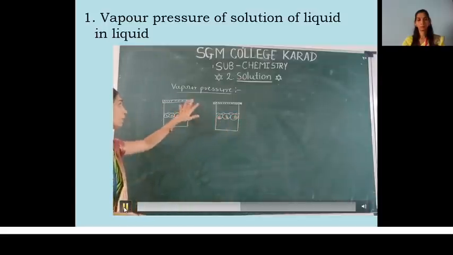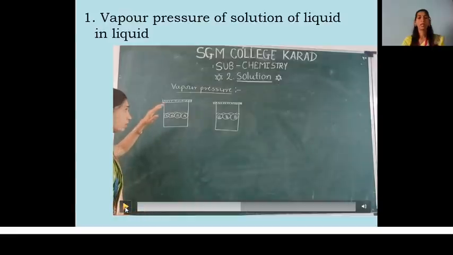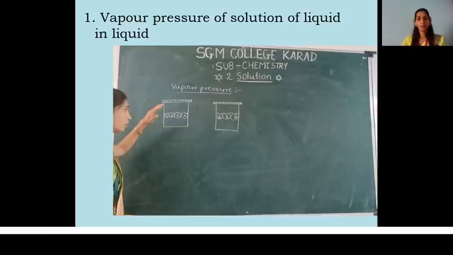Both containers are closed. In our textbook, here we are taking A and B, but in our textbook A1 and A2, these two volatile solutions are taken.